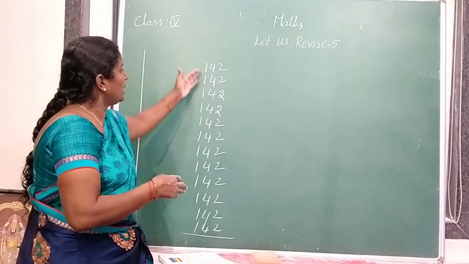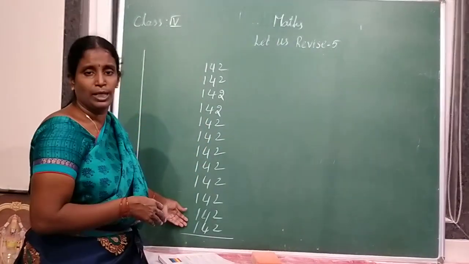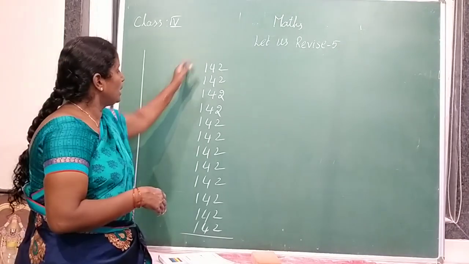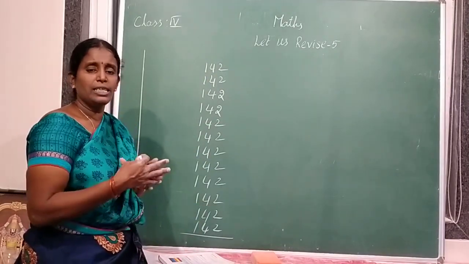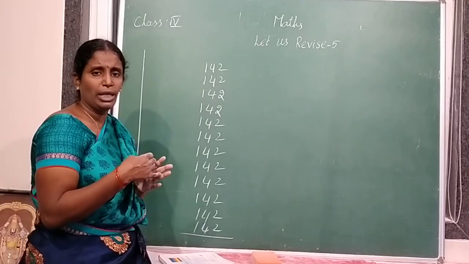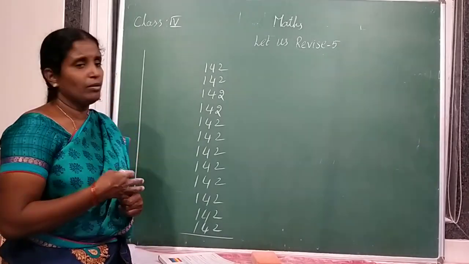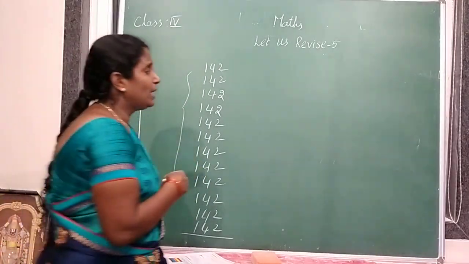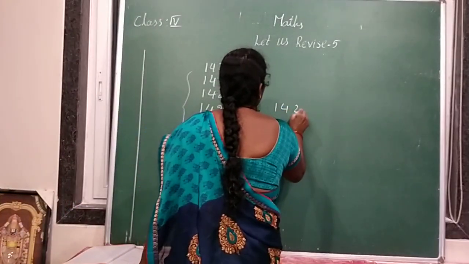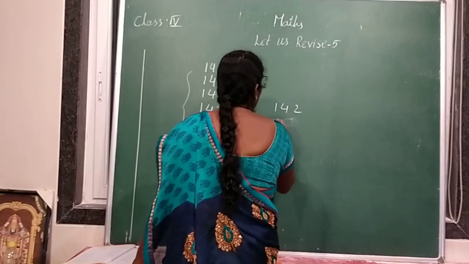That means repeatedly you are adding the same number. Understood? Repeated addition is nothing but multiplication. Instead of adding 12 times, you can multiply 142 into 12.